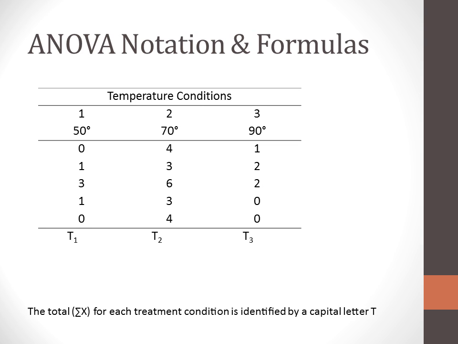In this example, we have group 1, 2, and 3, so we have T sub 1, T sub 2, T sub 3. And so to get the totals, we simply add all the values in the column. So 1 plus 3 plus 1 equals 5. In this example, 4 plus 3 plus 6 plus 4 equals 20. And lastly, 1 plus 2 plus 2 equals 5 again.